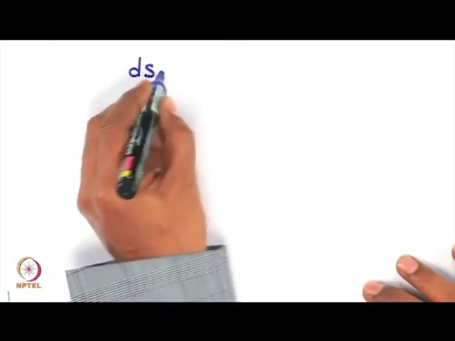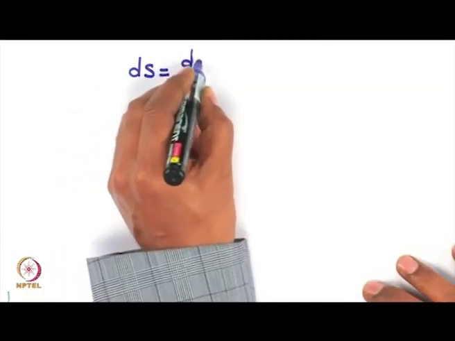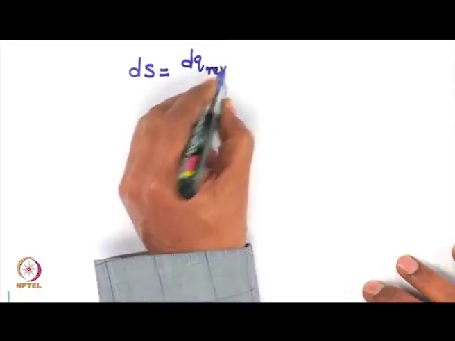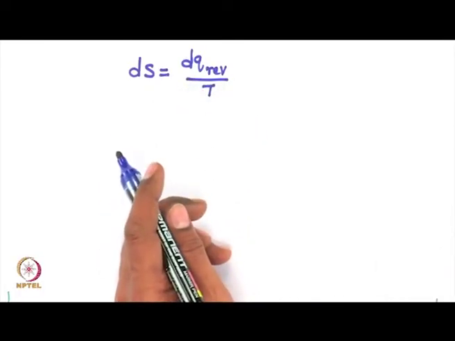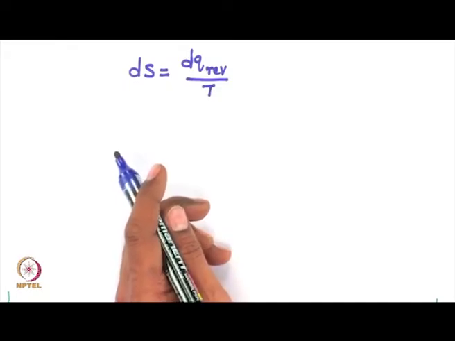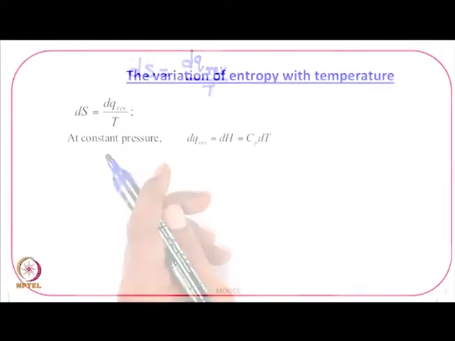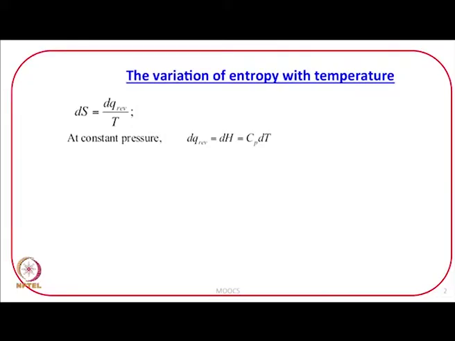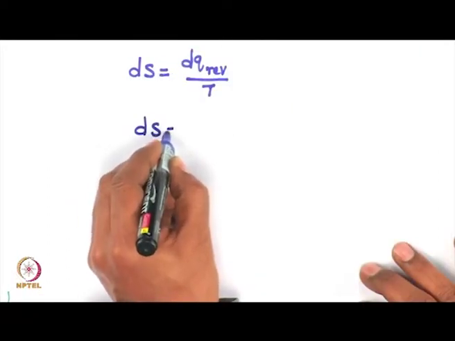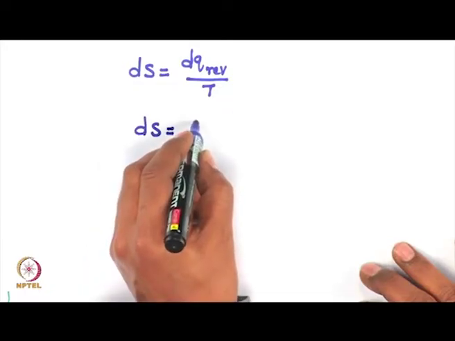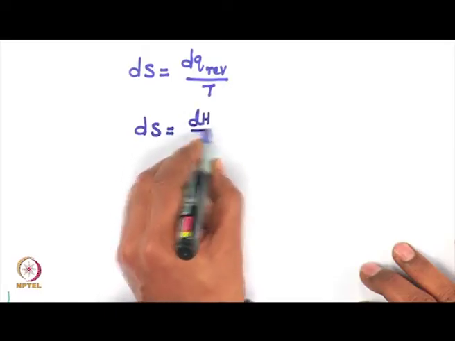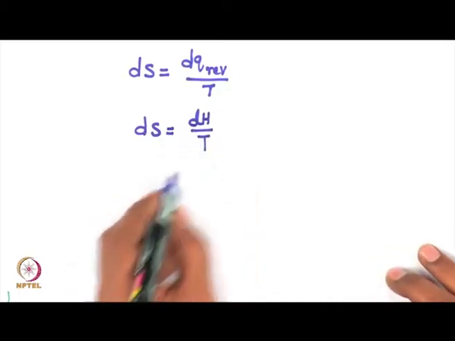dS is equal to dq reversible by T, and at constant pressure dq reversible is equal to dH is equal to Cp dT, and that I will substitute over here. dS is equal to dH by T at constant pressure.